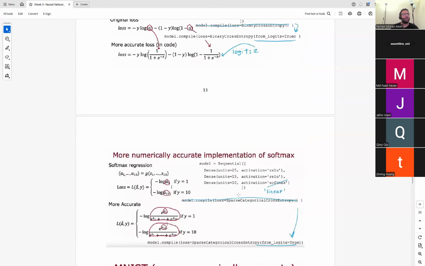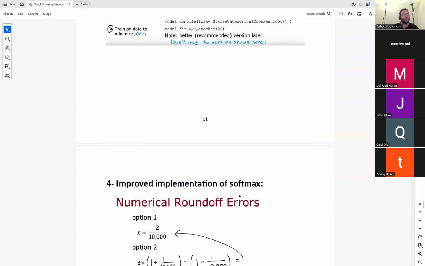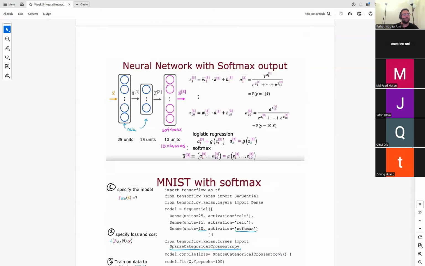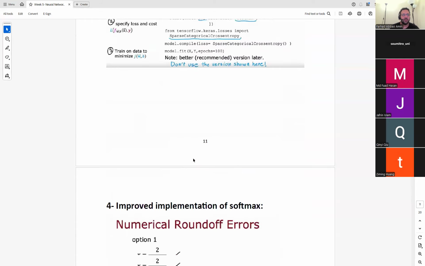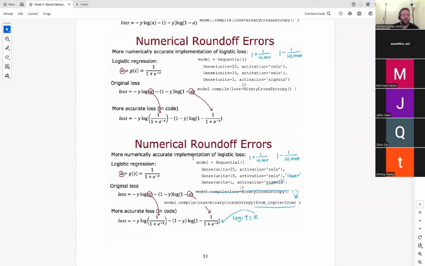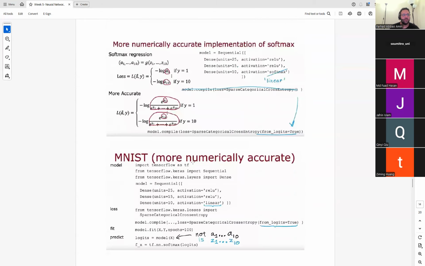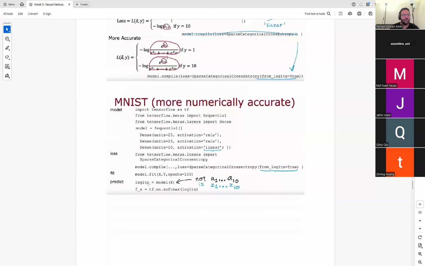So I want to show you a neural network structure. You see, the output of the neural network must be the A value, right? The A, the activation value, not the Z value. But here, when you use this modification, this logits, this model gives you the Z value, not the A value.